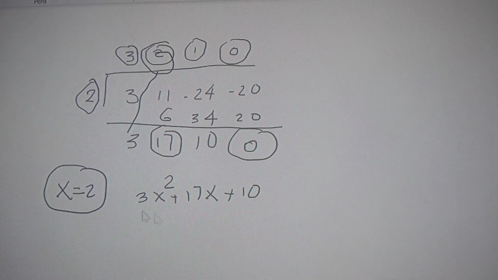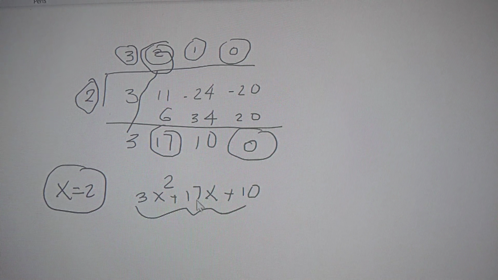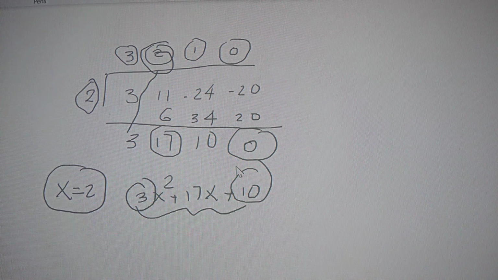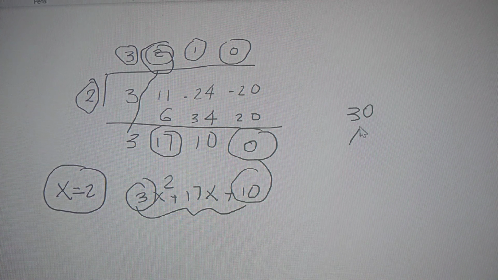Once again, what is this? This is a quadratic. You can say that this is 10 times 3 is 30. And say 2 times 15, I suggest 2 times 15 is 30, and 2 plus 15 is 17.